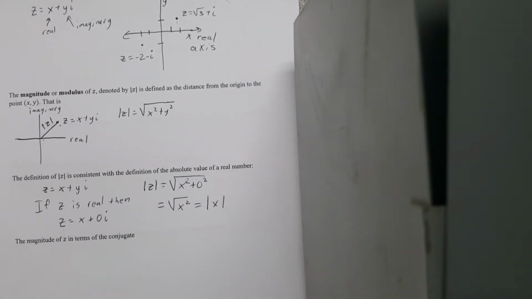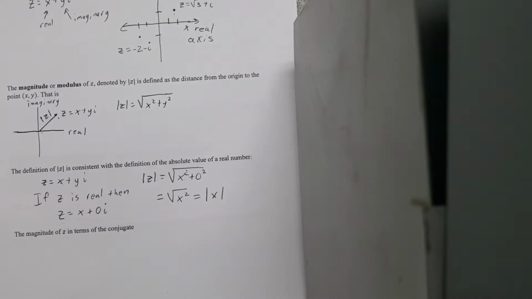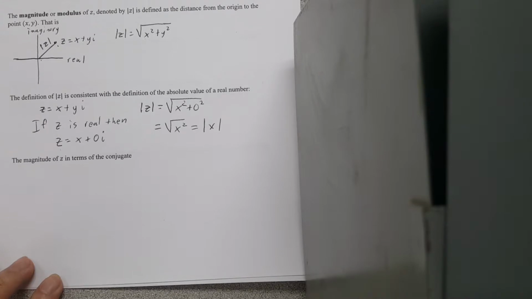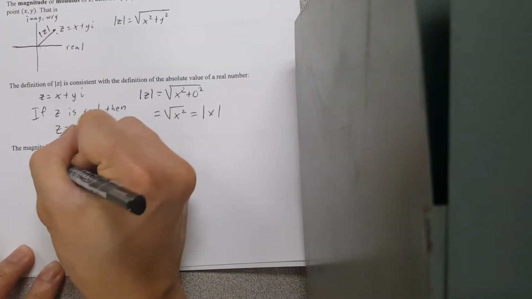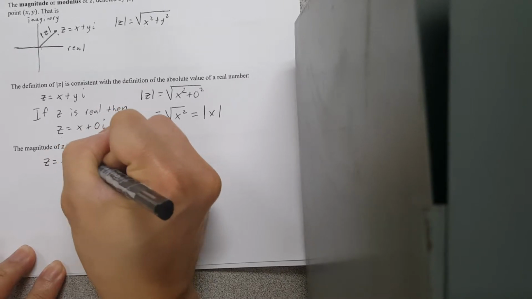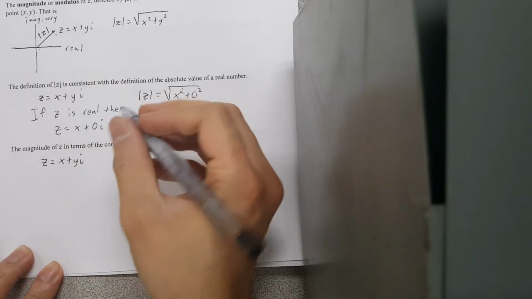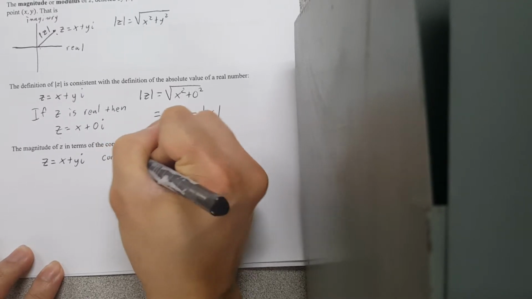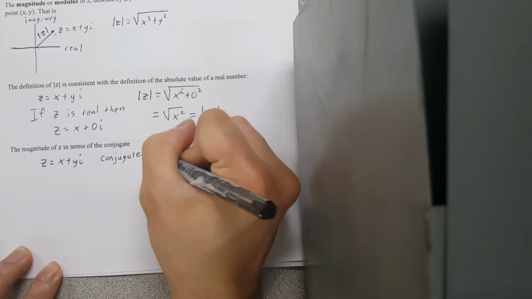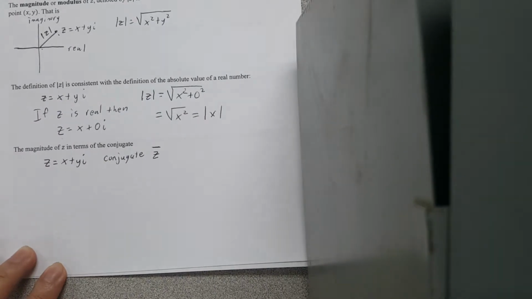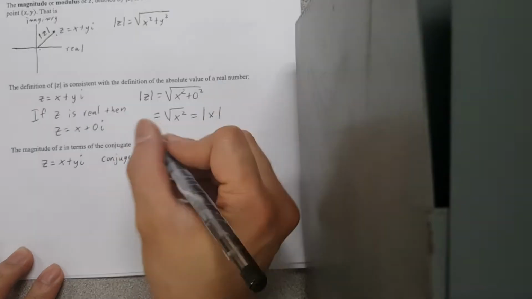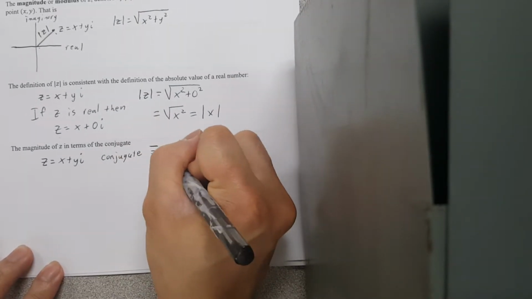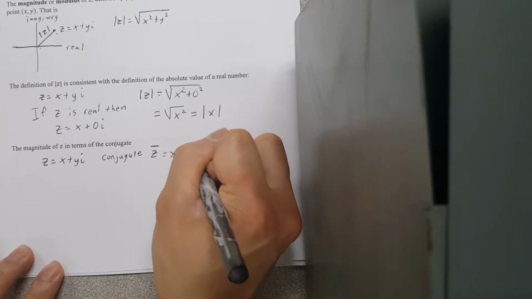One last thing we're going to talk about here is the magnitude of z in terms of the conjugate. So remember that if I have a complex number z, its conjugate, which we'll call z bar, is really x minus yi.